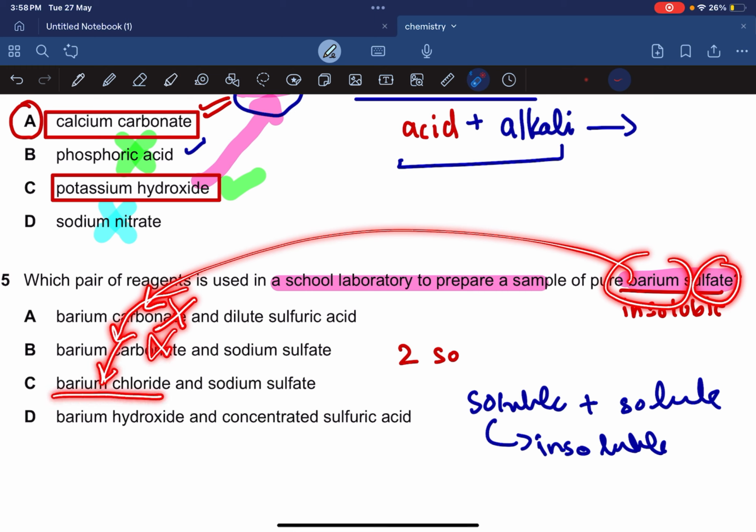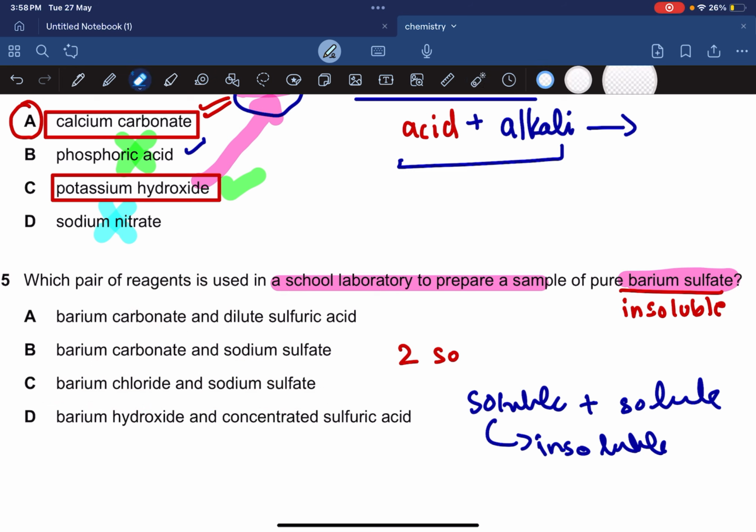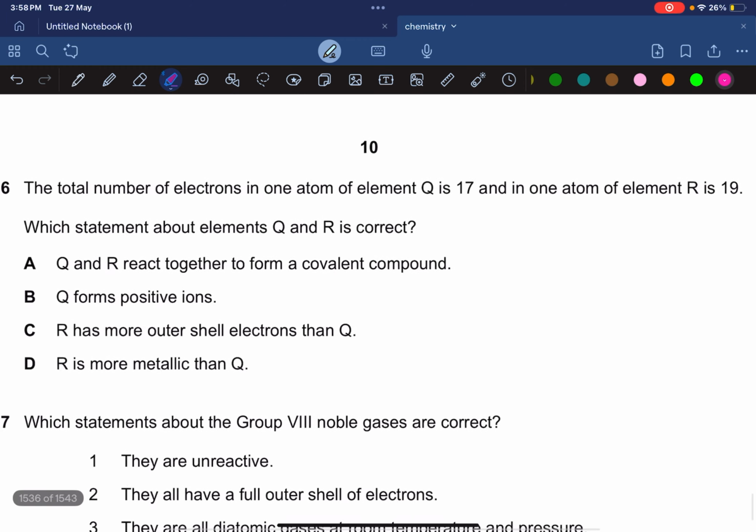Barium hydroxide, insoluble again. All chlorides are soluble except for lead and silver. So barium chloride is soluble. And sodium sulfate, yeah, it's soluble. All sodium salts are soluble. So we have our two soluble reagents, which are going to be barium chloride, which is soluble, and sodium sulfate, which is also soluble. I guess that was easy.